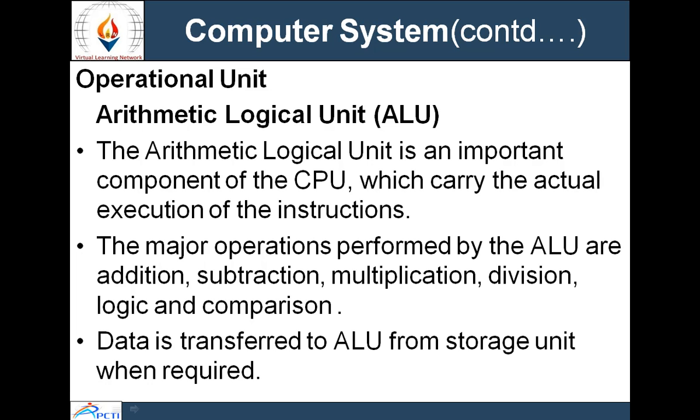After entering the data through the input device, it is stored in the primary storage unit. Then, processing of the data and instruction are performed by arithmetic logical unit. The major operations performed by the ALU are addition, subtraction, multiplication, division, logic and comparisons. Data is transferred to ALU from storage unit when required.